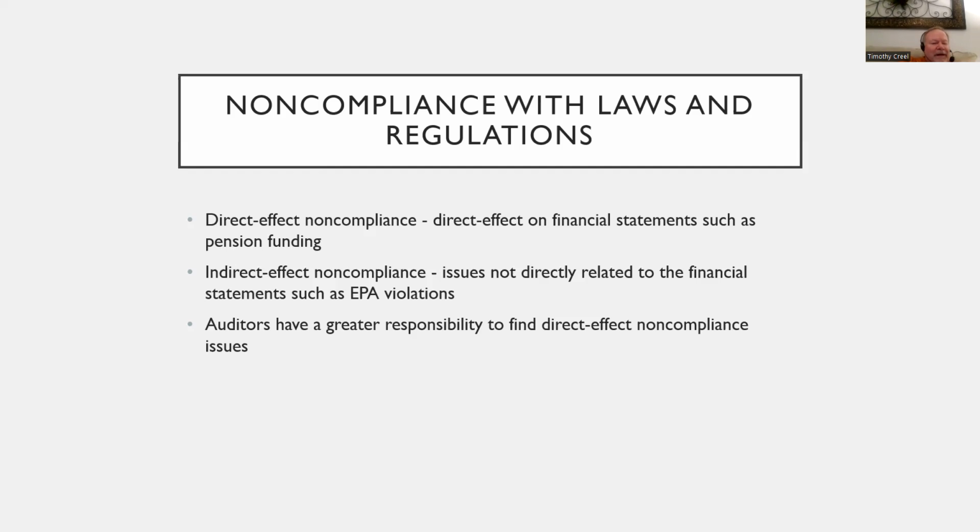You're not really going to know something like that. So auditors have a much greater responsibility to find direct effect non-compliance issues. If you did happen to run across something, you could definitely bring it up and that would be good, but you're not really held responsible for that.